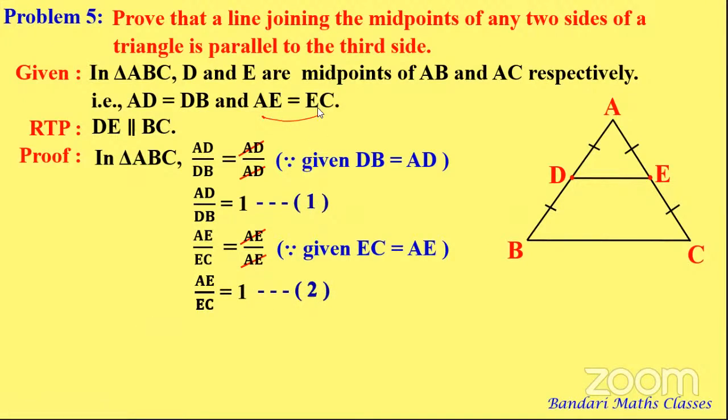So both values are equal: AD by DB is 1, and AE by EC is also 1. Therefore, they are equal in value. From equations 1 and 2, AD by DB is equal to AE by EC.